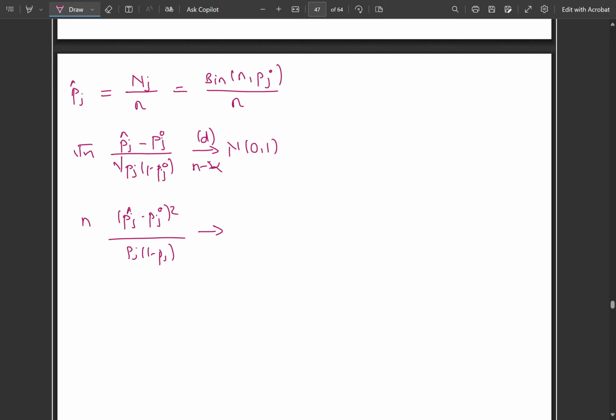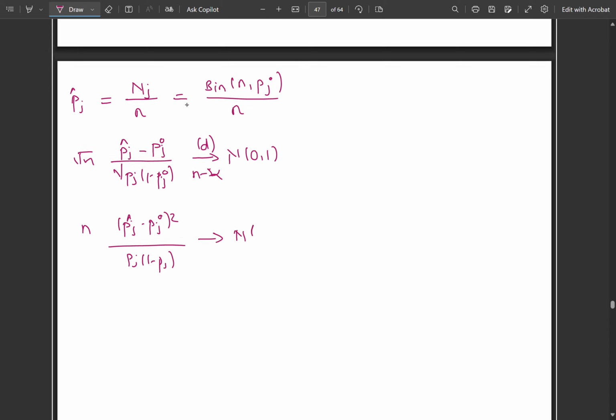This is equal to the square of a normal distribution, which is a chi-square with 1 degree of freedom.